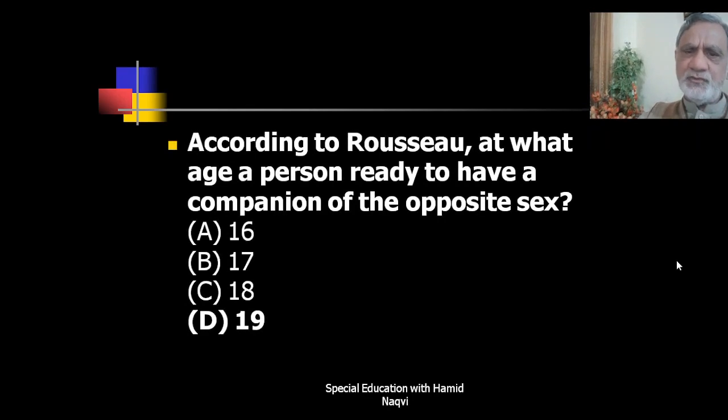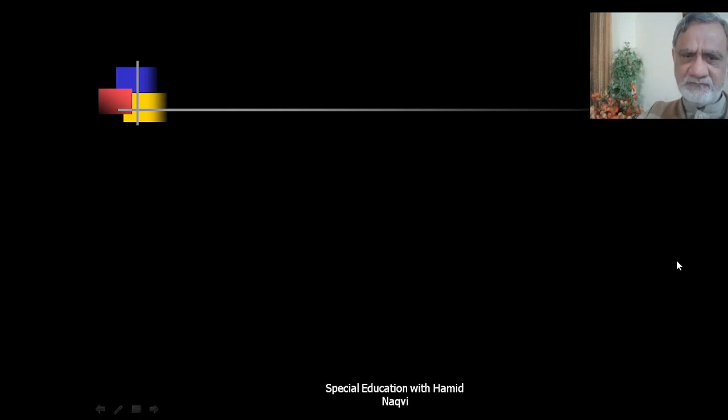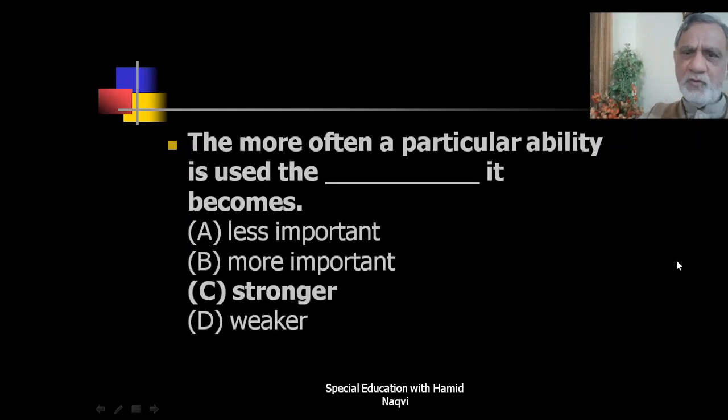According to Rousseau, at what age a person ready to have a companion of the opposite sex? 16, 17, 18, 19. According to Rousseau, it is age 19. The more often a particular ability is used, dash it becomes less important, more important, stronger or weaker.